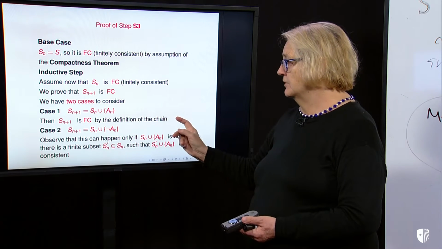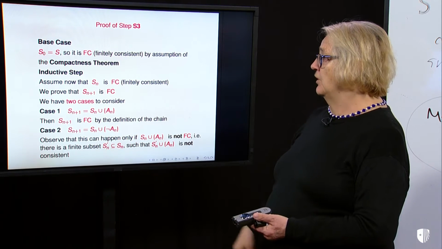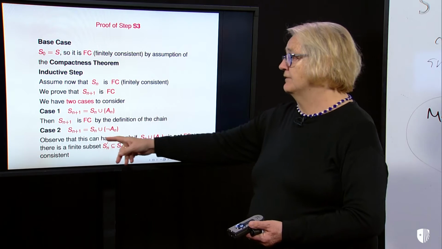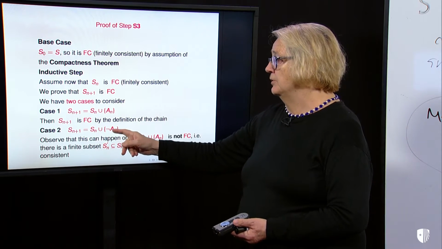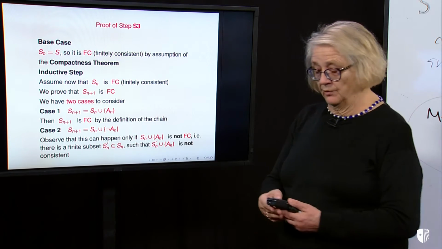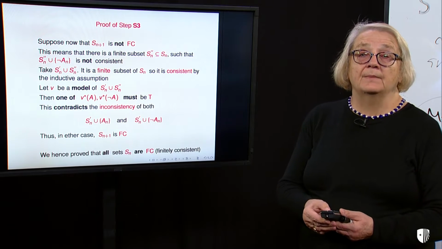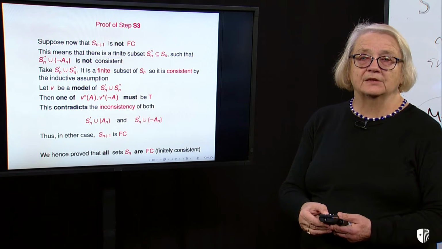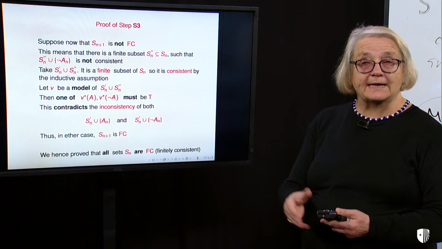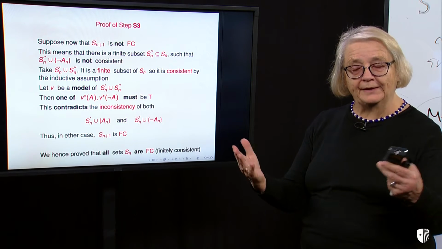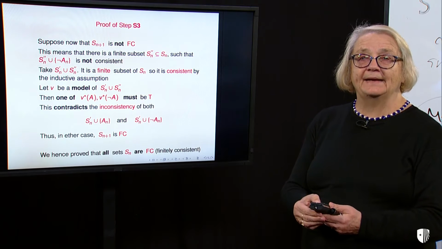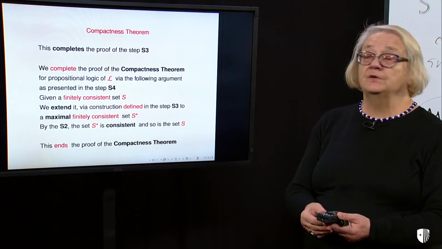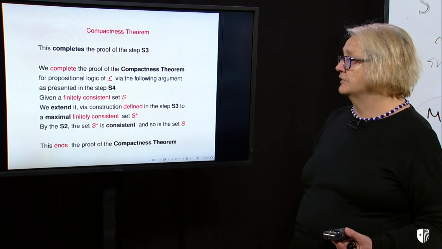Sn is finitely consistent by the definition of the chain, and then you consider the case where S(n+1) is the union with the negation. Exactly the same proof as we did in chapter 5. It's nice to have those two proofs so that you can compare them. So that completes the proof of S3.